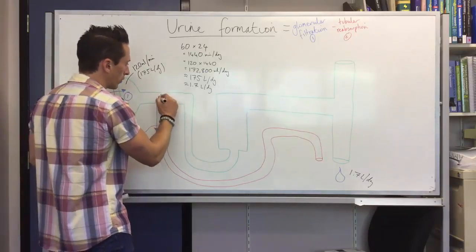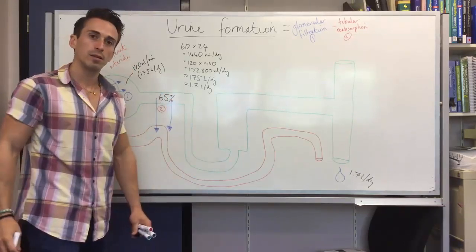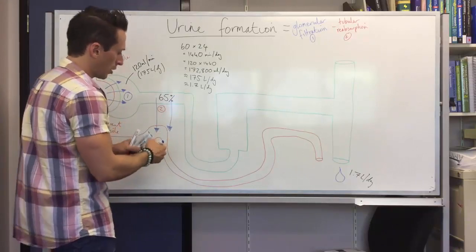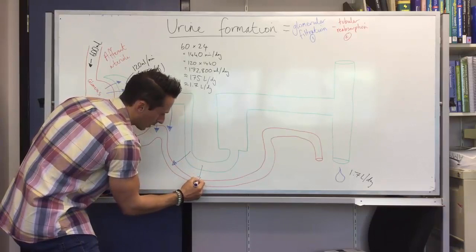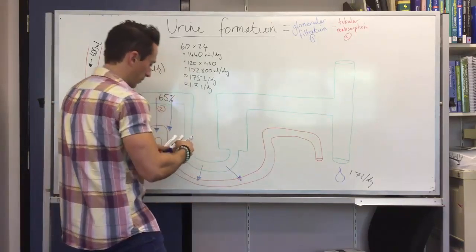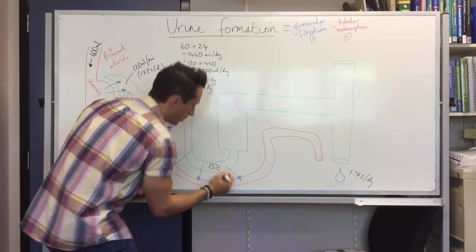At the loop of Henle, you'll find that 15% goes back into the body.